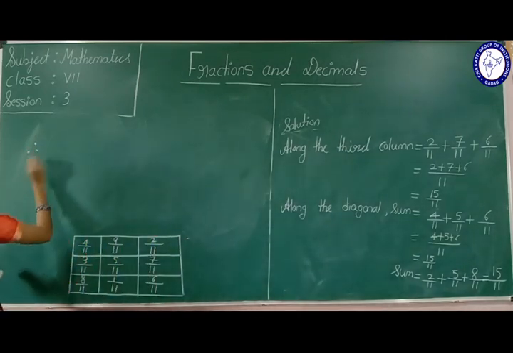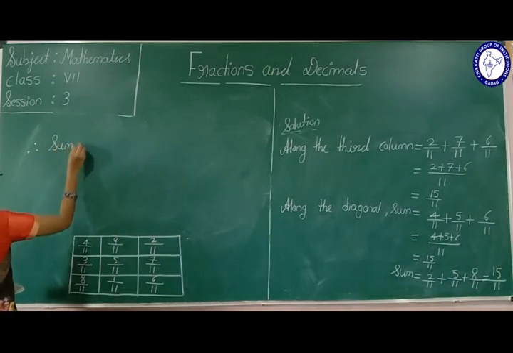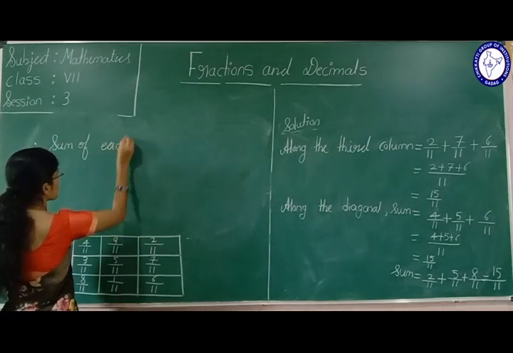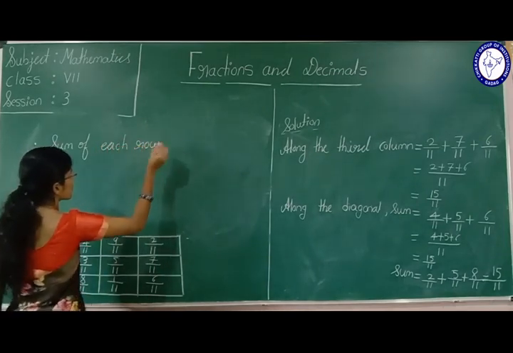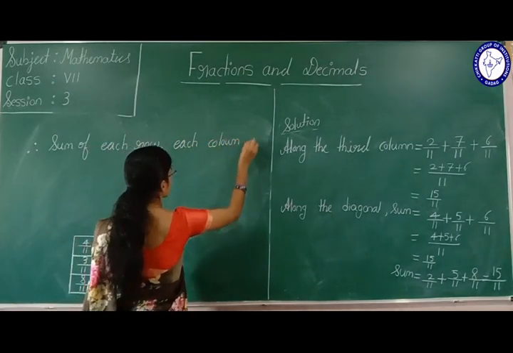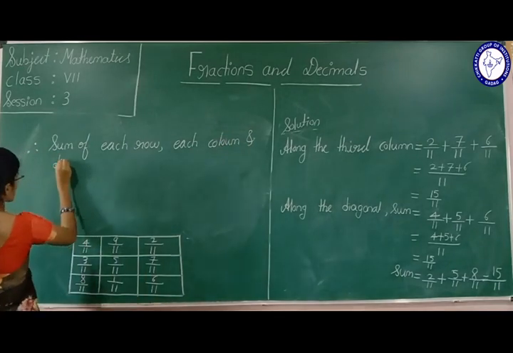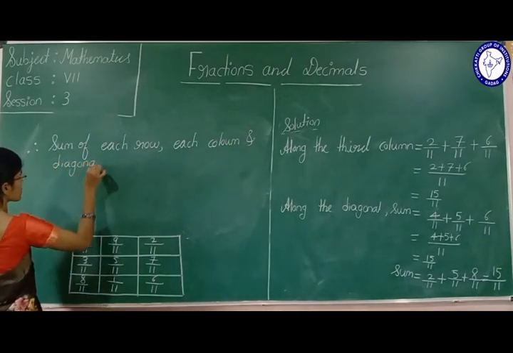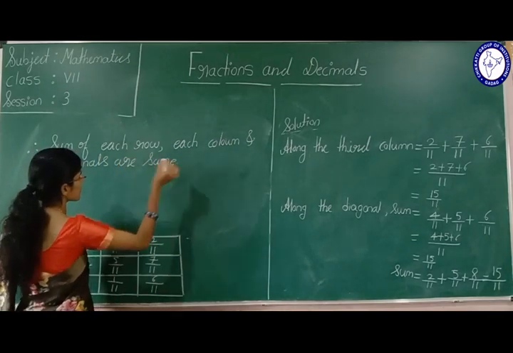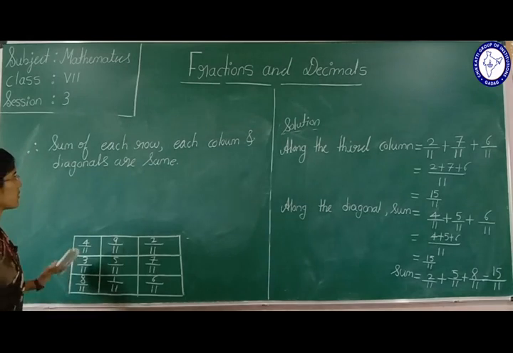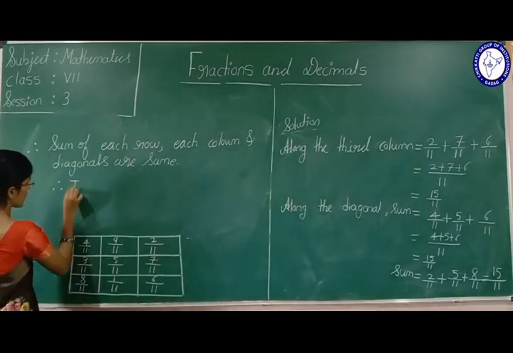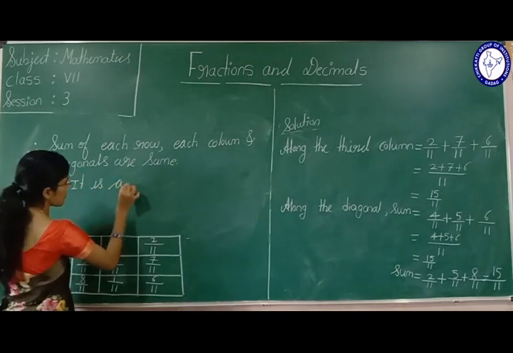Therefore, sum of each row, each column and diagonals are same. Therefore, it is a magic square.